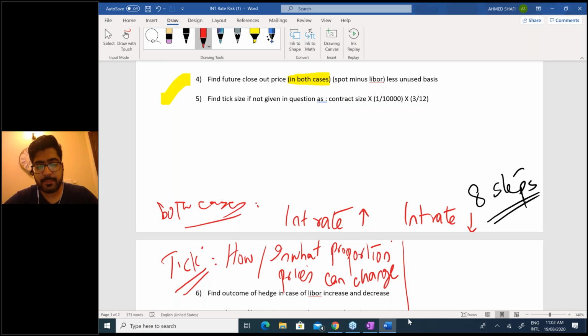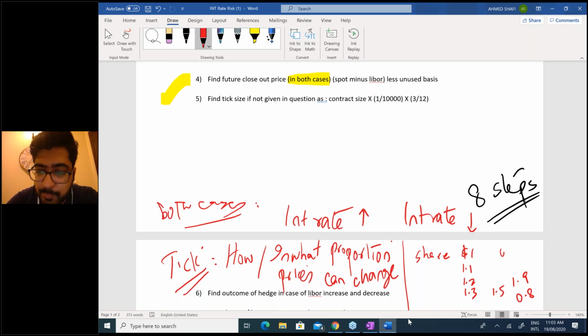Let me explain to you through an example. If you see US stock markets, let's suppose the price of a share is $1. How can the prices move? It becomes 1.1, 1.2, 1.3, 1.5, 1.9, 0.8. The prices can fluctuate just by 0.1 each.